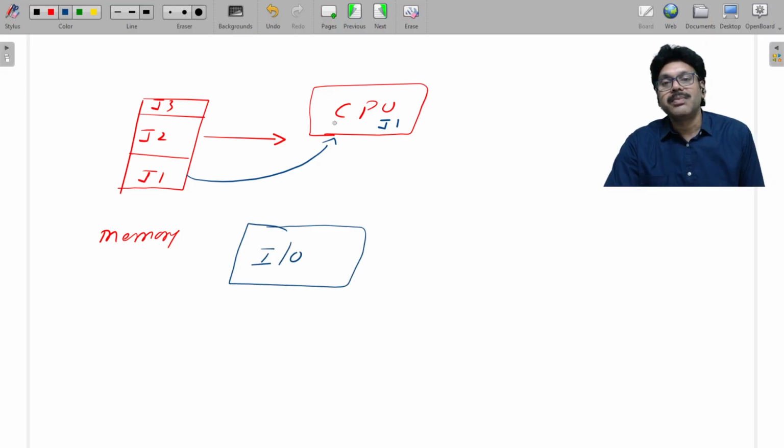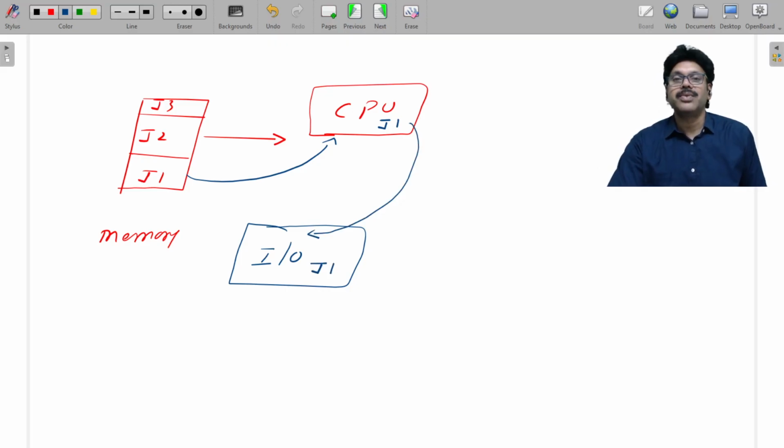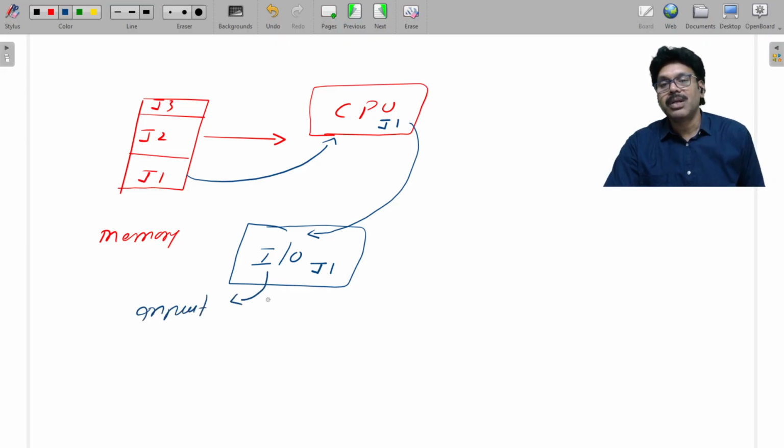Right now it is with the CPU, and job 1 needs IO time also. Right now job 1 has reached the IO state. IO state means the job may require some input from the keyboard, or the job may require some output to be displayed onto the screen.